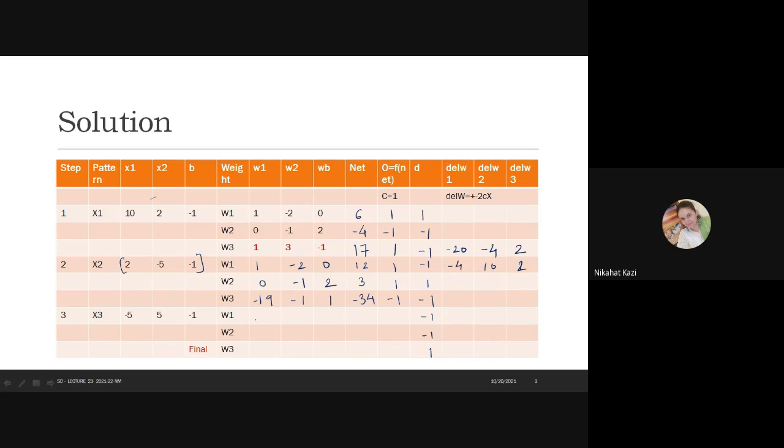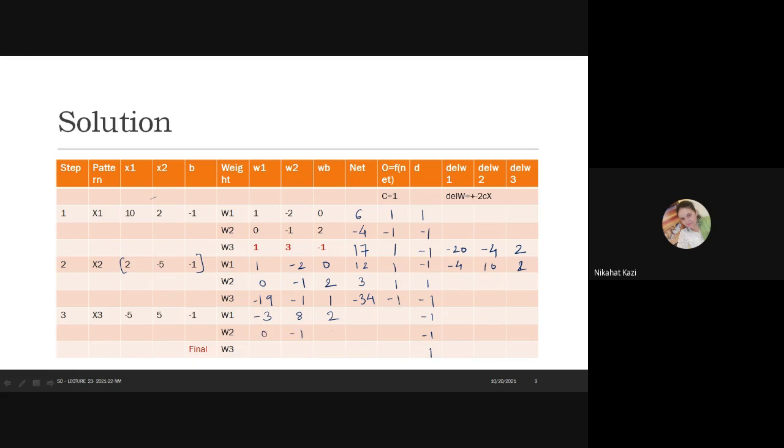So this is minus 3, minus 2, 8, 2. And the rest of the weights remain same because D is matching O.